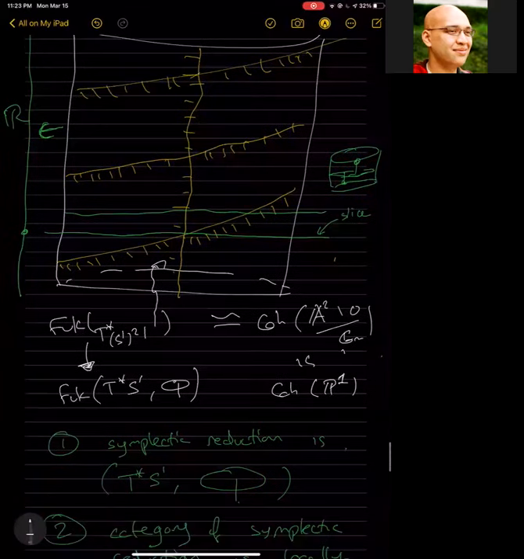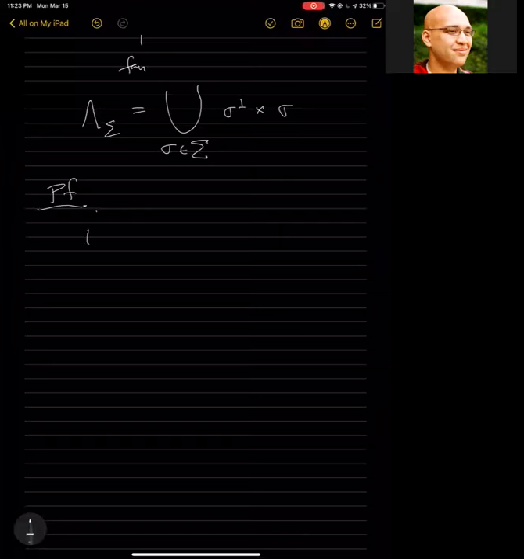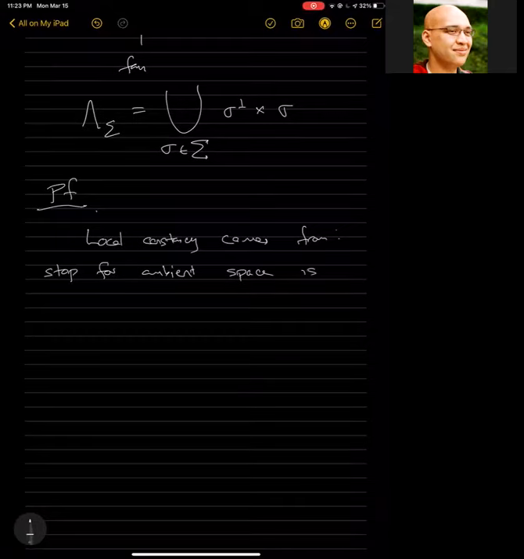So the local constancy comes from the fact that the skeleton, this kind of the stop for the ambient space, this ambient space is itself the skeleton of some Weinstein manifold.